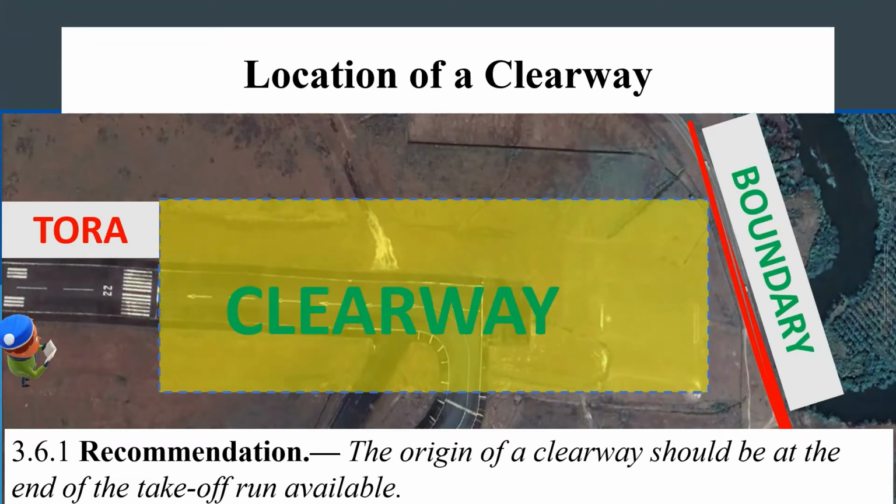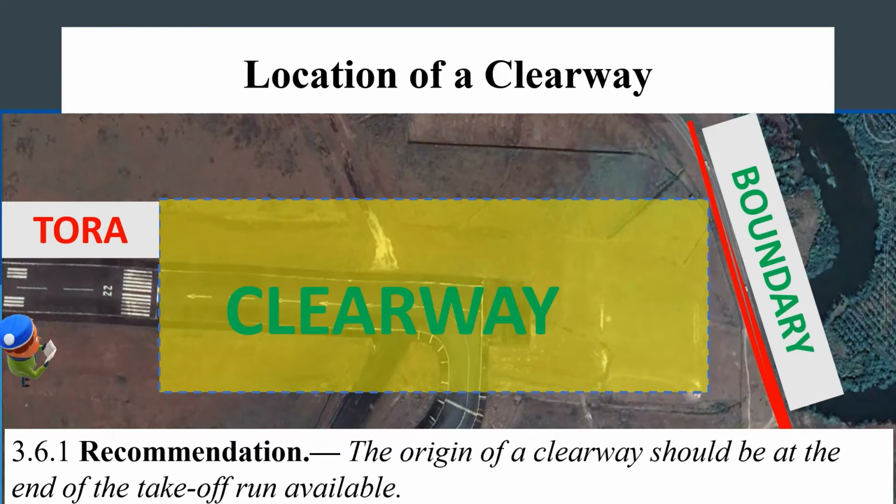So now you can see on your screen the clearway in relation to an actual runway. You can see that the runway has its threshold, and just beyond it we have the clearway, and there is the boundary of the airport authority that is limiting the length of the clearway on your screen.